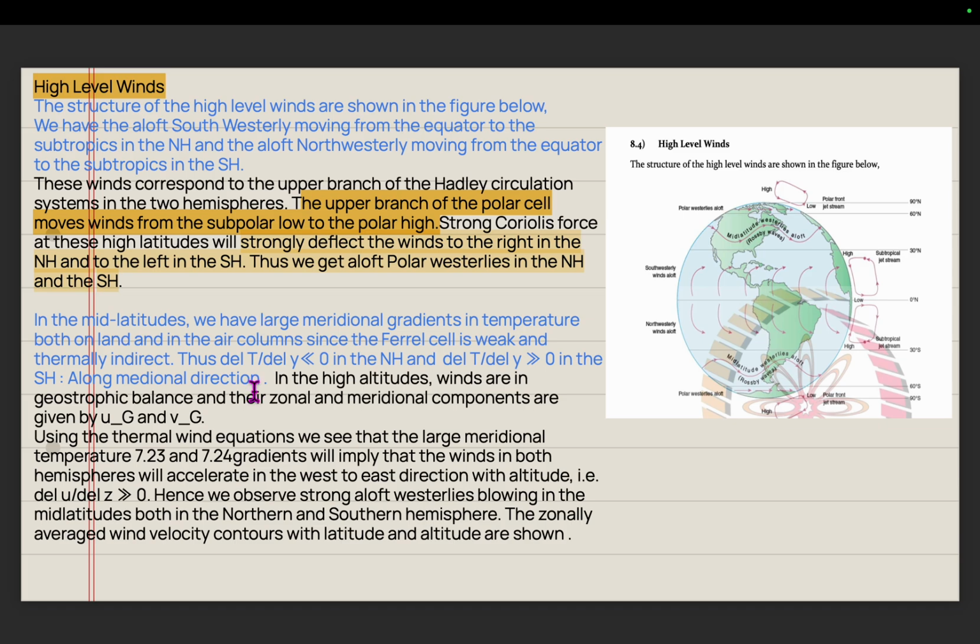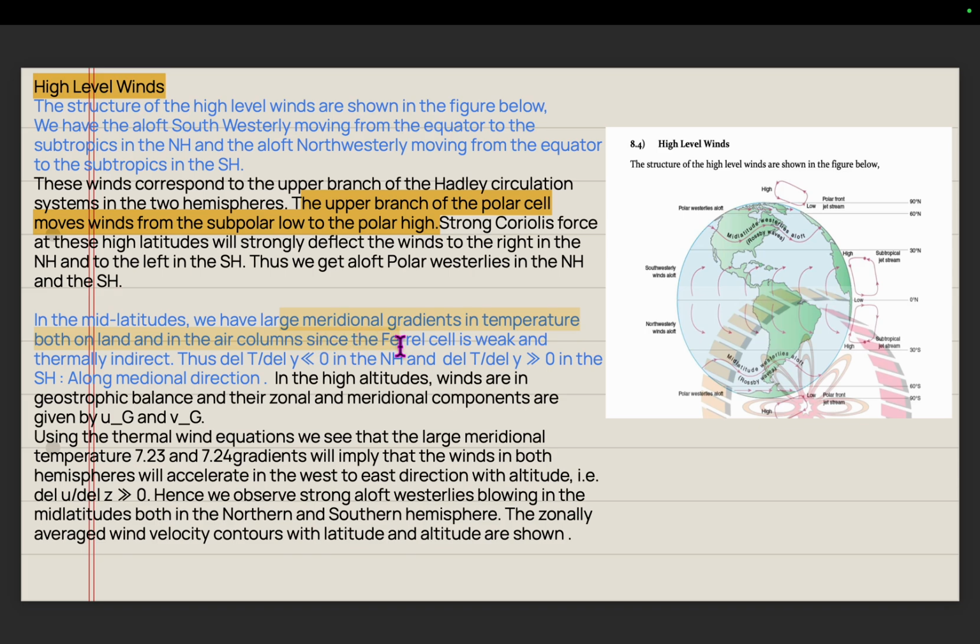In the mid latitude, that is within 30 to 60 degrees, there is a phenomenon that is more interesting. In the mid latitude, we have a large meridional gradient in temperature, that is the temperature along the j cap direction, on both land and air columns.